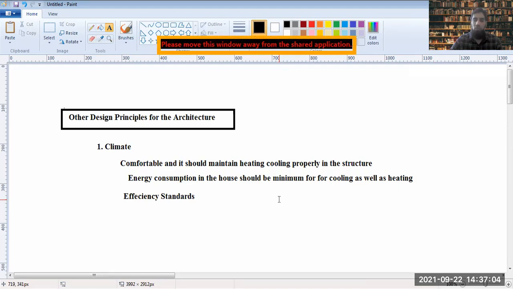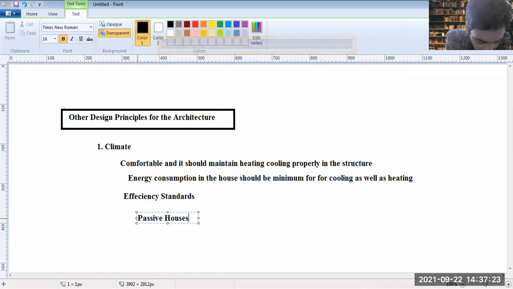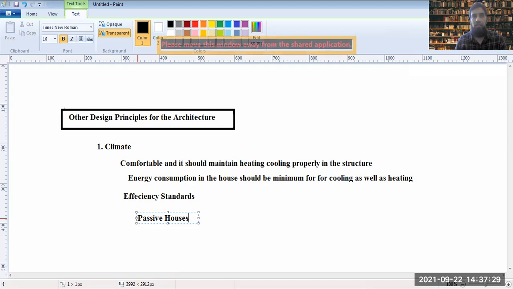So we need to go for houses which utilize, that's a concept now of passive houses in architecture, or greenhouses in architecture. And the first design principle that I told you last time around was constructing houses ecologically, that would have green standards.